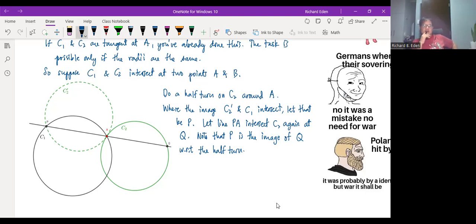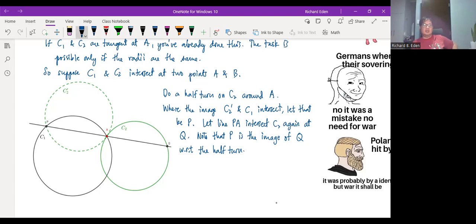Well, the image of Q should be collinear with Q and the center, so the image should be along that line. But because Q is on C2, the image should be on the image circle C2 prime. But it's only point P which is on that line and on C2 prime. So point P is the image.